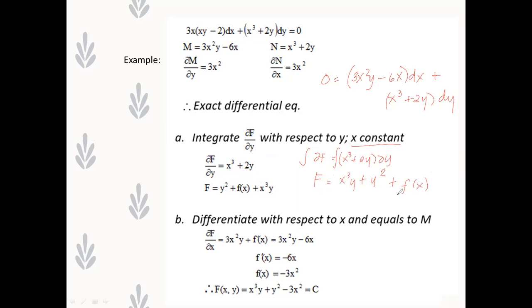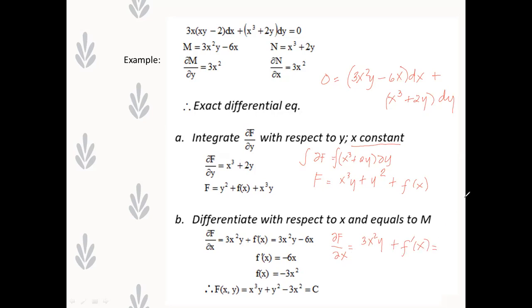What will you do with this? This is your step 1. Your step 2, you will partially differentiate the f that you have here with respect to x. If you do that, you will have 3x squared y. This one would be 0, so you will have f prime of x. This is a 0 because that's a constant and you're partially differentiating in terms of x. So this you will equate to M. So what is the M?